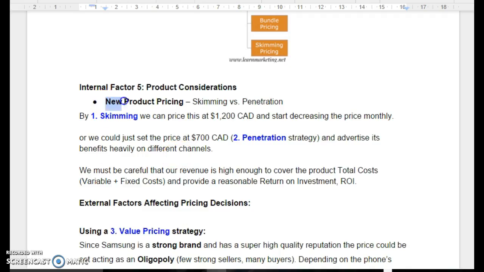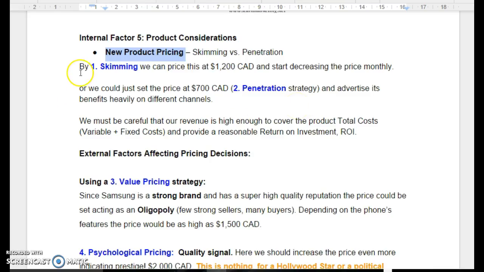Okay, let's start. New product pricing: skimming versus penetration. By skimming, we can price the bendable phone at $1,200 and start decreasing the price monthly, or we could just set the price at $700, which would be a penetration strategy, and advertise its benefits heavily on different channels.